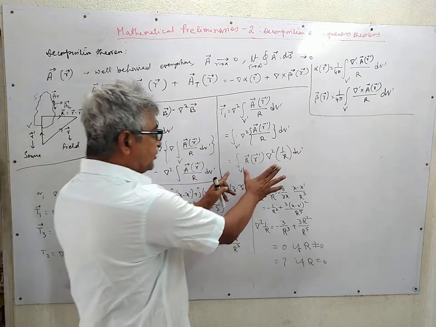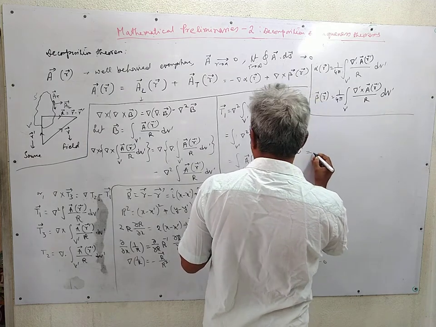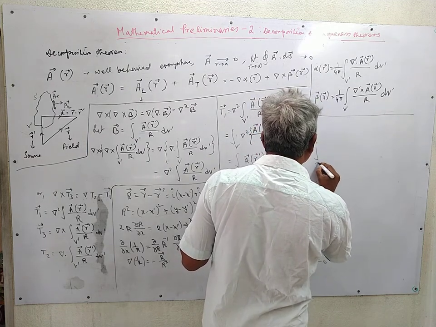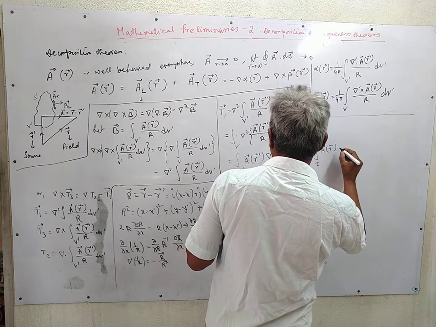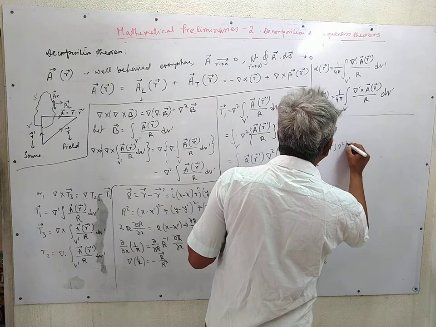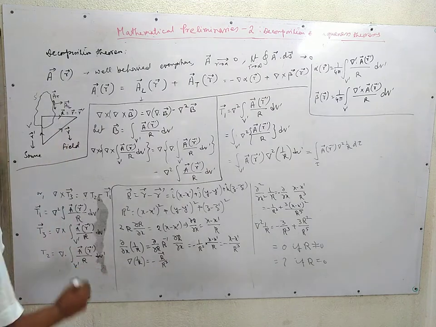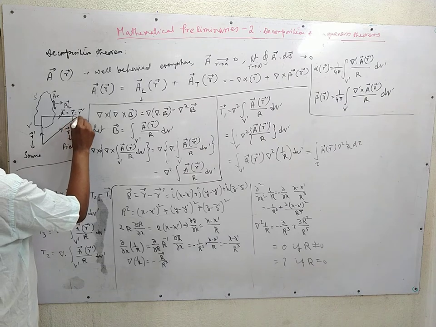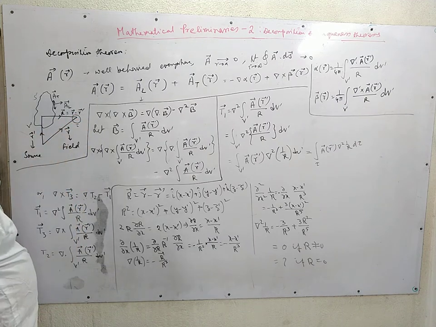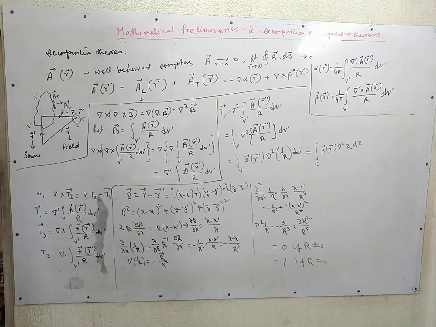So this integration can be effectively converted into an integration over tau of nabla square of 1 by R over tau, where tau is a very small volume around the source point, bounded by a closed surface sigma.